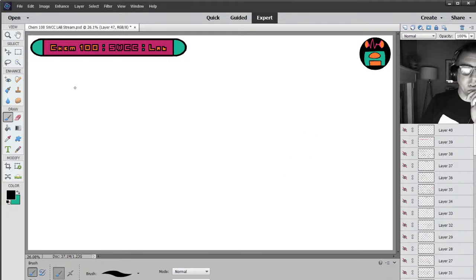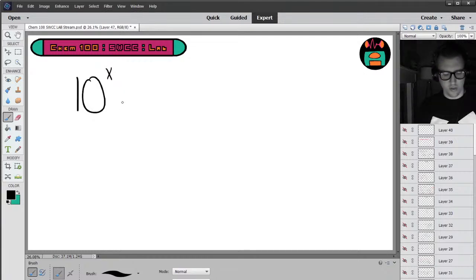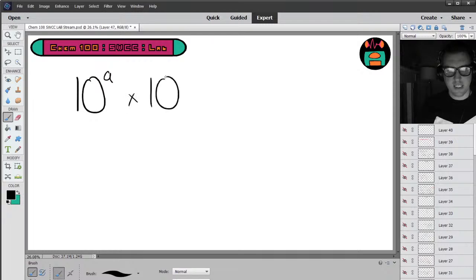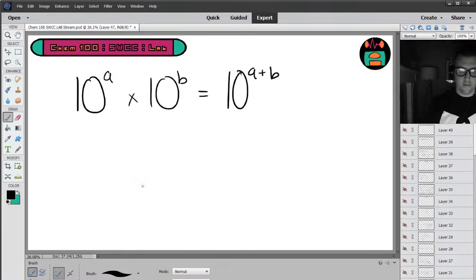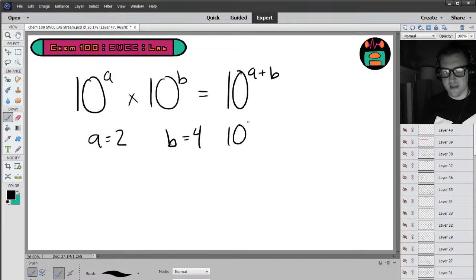So whenever you multiply, for example, 10 to the power of a times 10 to the power of b, that is equal to 10 to the a plus b. If a is 2 and b is 4, that would be 10 to the 2 plus 4.